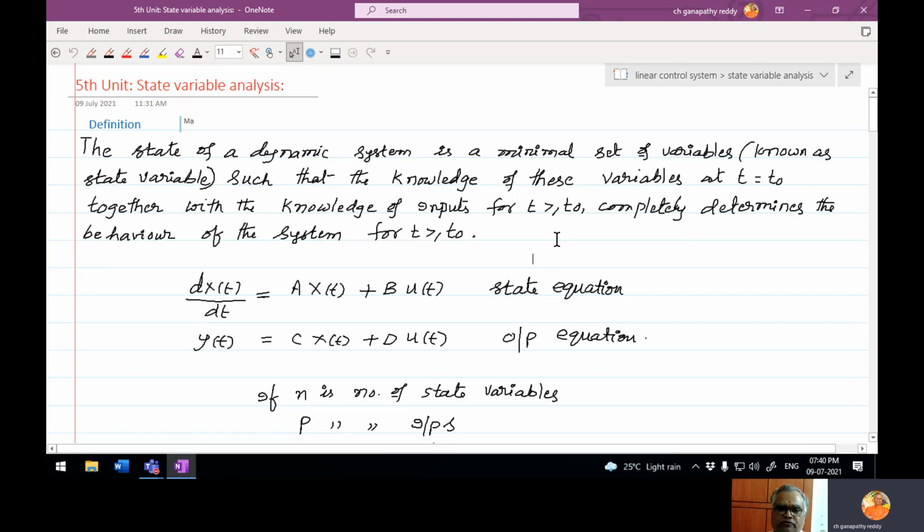This topic we mostly discuss in terms of matrices. The state equations and output equations are written in matrix form. What is the advantage of writing anything in matrix form?